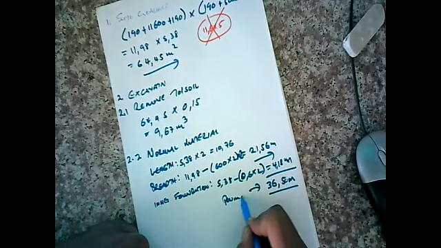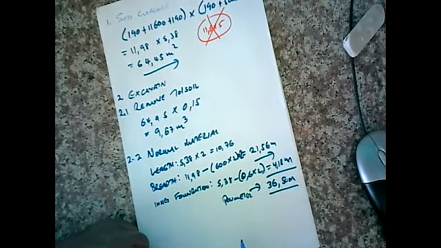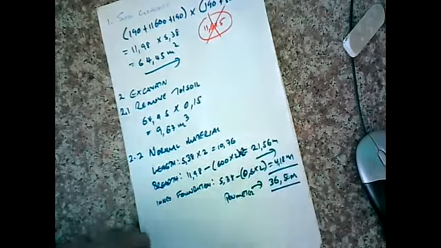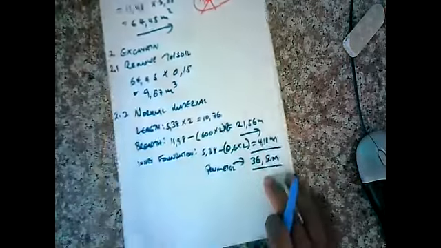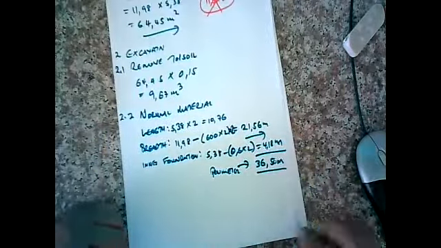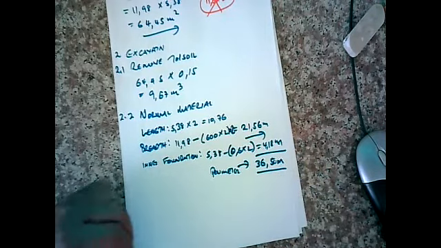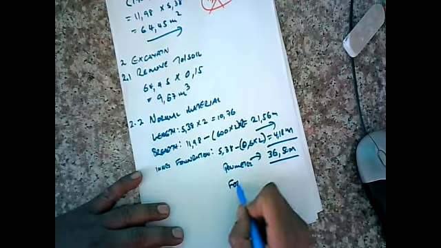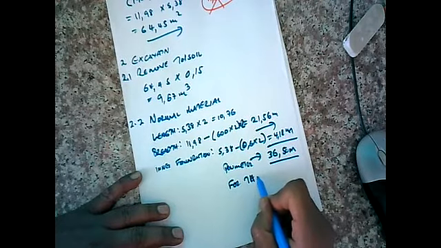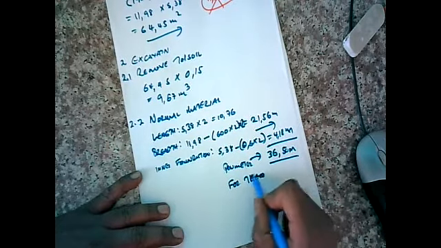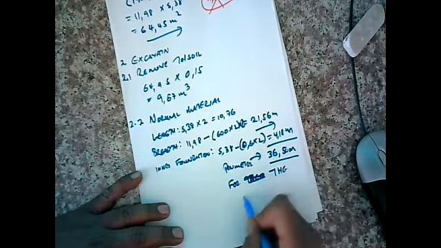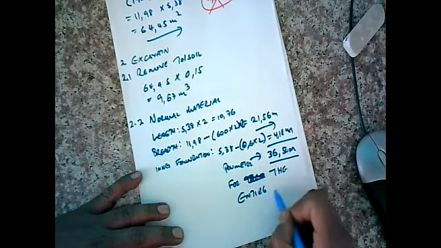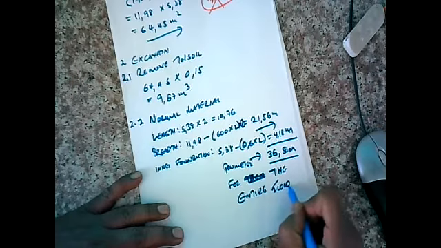You figure that out. So we're dealing with 36.5 meters of perimeter for the entire foundation.